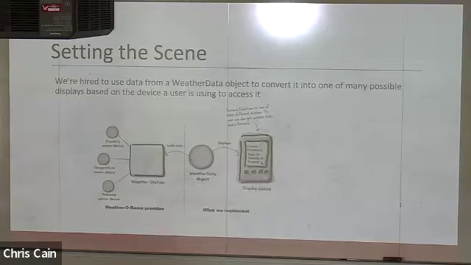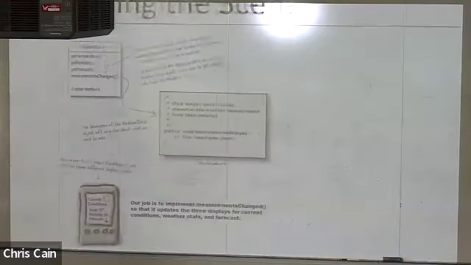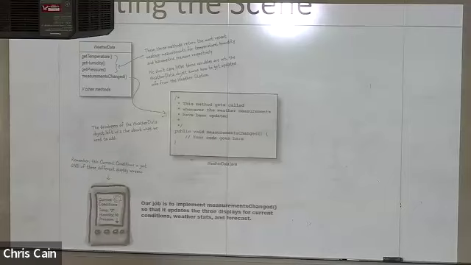Weather-O-Rama is a company that provides the weather station, so we just have to interface to pull the data from that location and then display that data in some way. So you can imagine that the code for the weather data just has getters that query the weather data object and say, what is the current temperature?